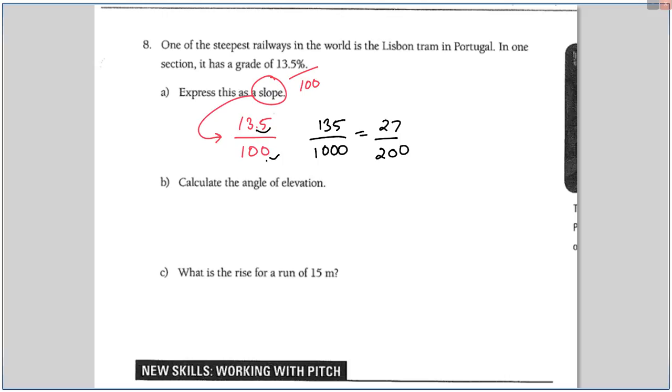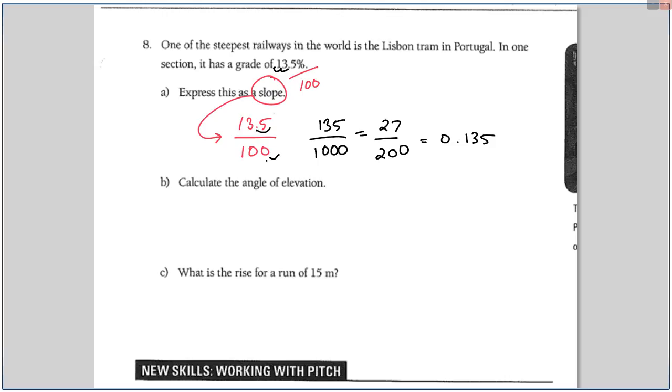Okay, and if you just want to have a normal decimal, that's fine as well, and it is 0.135, obviously, because if you were to slide the decimal up here, that would be the decimal that goes with this percent. You got to slide it to the left.